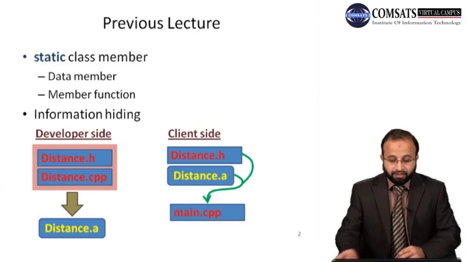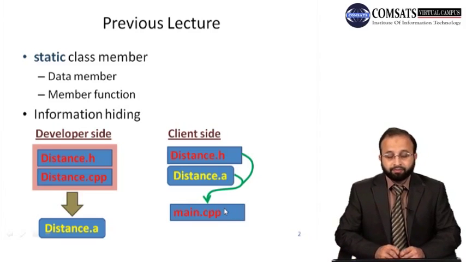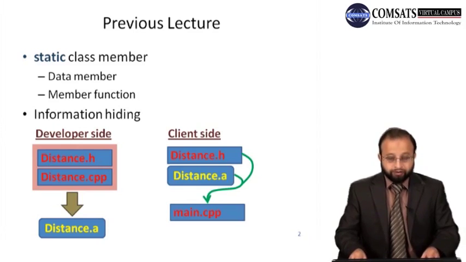So at the client side, the client uses the functionality of the distance class without knowing the implementation detail of the member functions of the distance class. This is one example of information hiding, that a developer hides the implementation detail of the class member functions from the client or from the user, right?